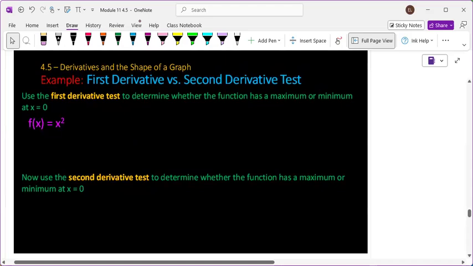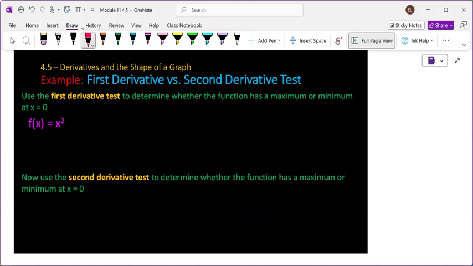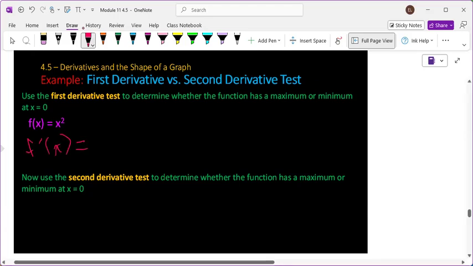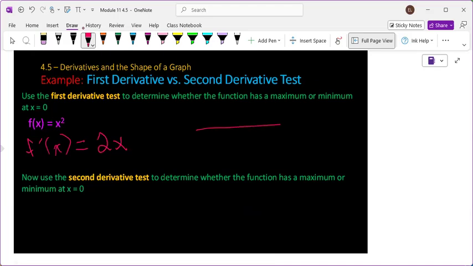All right, so here we just have a compare and contrast. We're going to do the first derivative test on f of x equals x squared. So f prime of x is 2x. Now look, it's going to look very similar to what we just did.